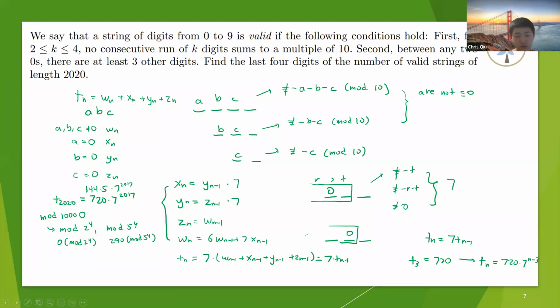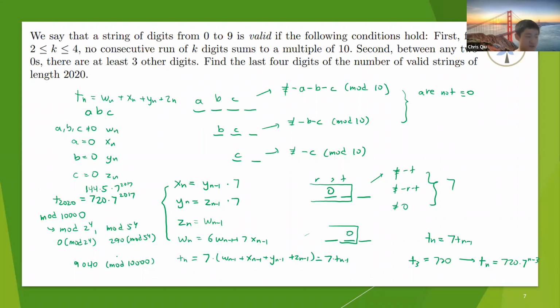And once you take Chinese remainder theorem, you can notice that mod 10,000, this is going to yield us 9,040 mod 10,000. You can check this because 9,040 taken mod 2 to the 4th is 0. So 9,040 is divisible by 16, and 9,040 is also 290 plus 5 to the 4th times 14.